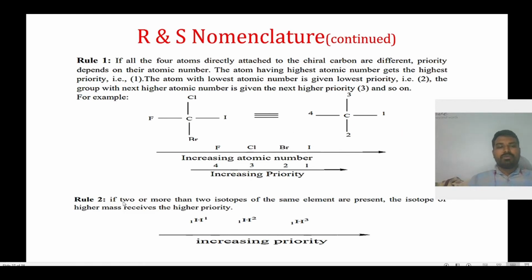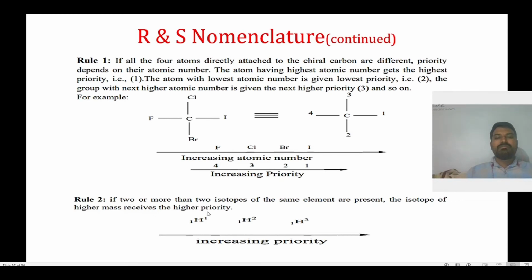Okay. Now rule number 2. If 2 or more isotopes of the same element are present, the isotope of higher mass receives the higher priority. If there are isotopes in this molecule, then the increasing priority will be in this way. Okay.